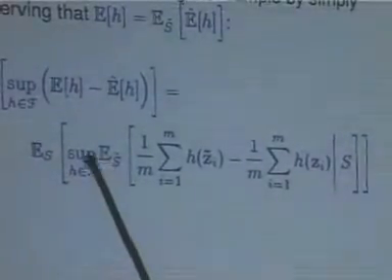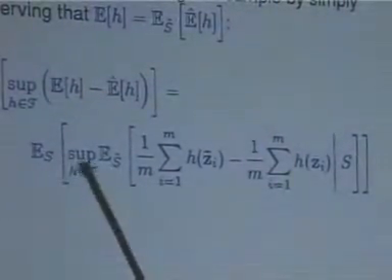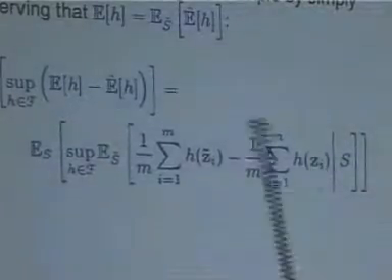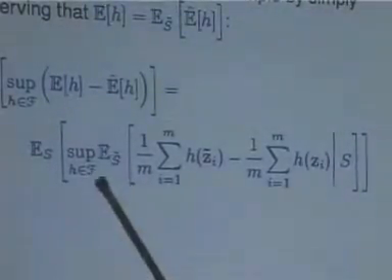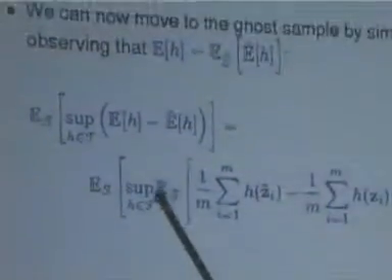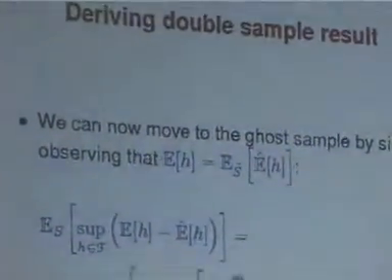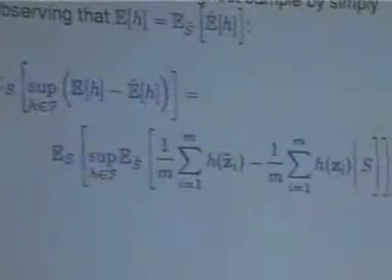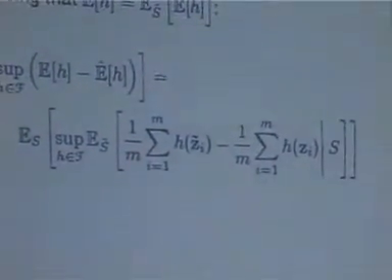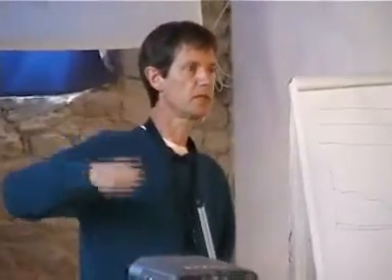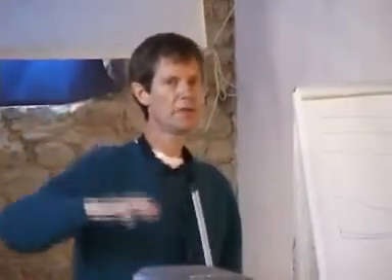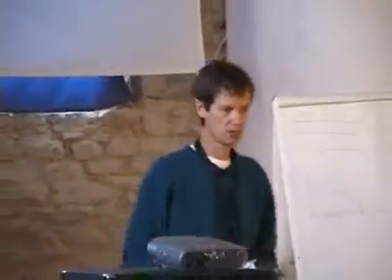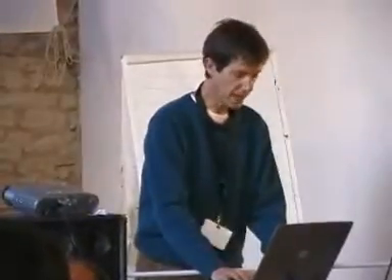The reason we can move it through the sup is that if we have the expectation inside the sup, we don't have the option of optimizing h with respect to a particular S tilde. It's sort of h has to be optimized to the average of the S tildes. But if we move the S tilde outside, h has the option of optimizing not only with respect to S, but also with respect to S tilde. So it can do better. It can actually get bigger. And therefore, the actual expectation will increase, or can increase.